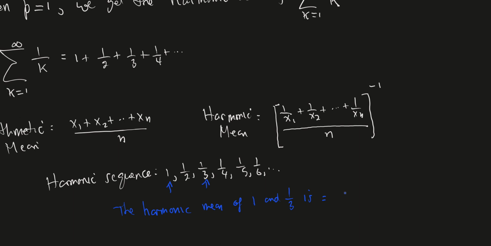The reciprocal of 1 is still 1. Then the reciprocal of 1/3 is 3. We add them together, average these two, and then take the reciprocal of the arithmetic average. That's 4/2 to the -1, so that's 2 to the -1. And look at that, we end up with 1/2, the one that's smack dab in the middle.